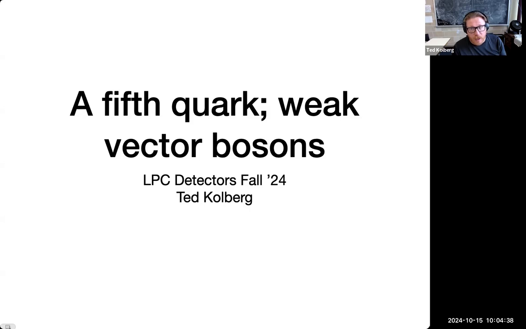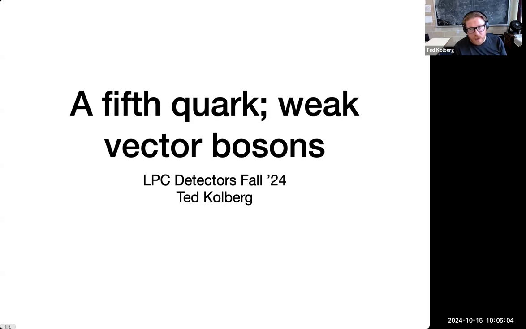And then I will return to the subject of the weak vector bosons. If you remember from a few lectures ago, when we talked about bubble chamber physics, one of the hot topics towards the end of its reign as a main technique in high energy physics was the observation of weak neutral currents in the Gargamelle experiment at CERN.